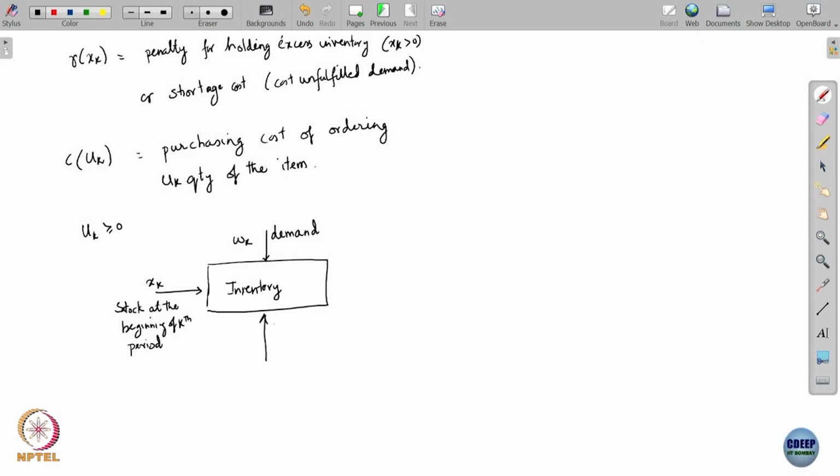Then there is also u k, which is the stock ordered at the beginning of the kth period.